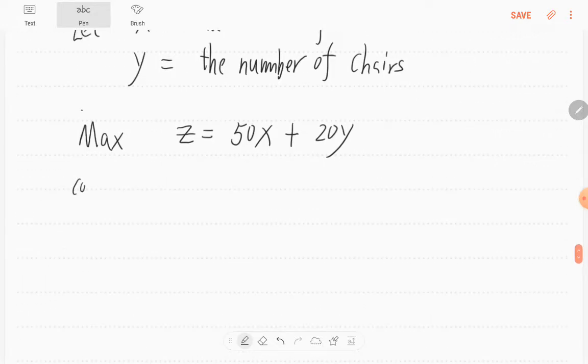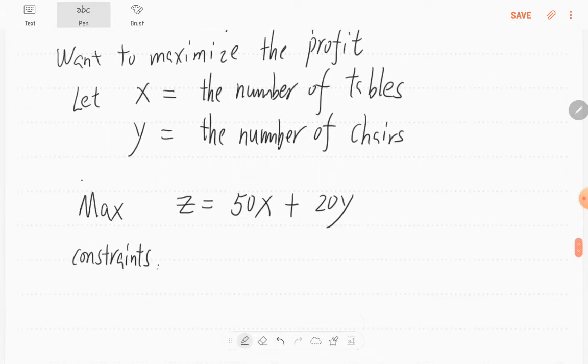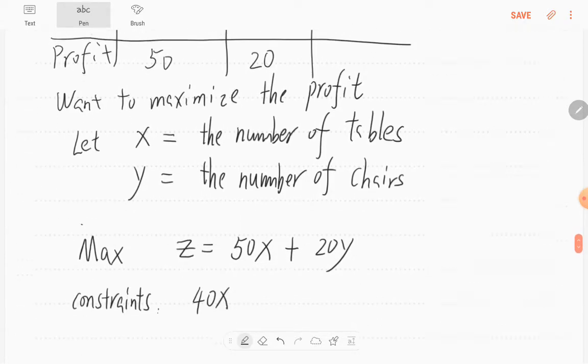What are the constraints? The constraints are these two. The labor hours cannot exceed 1,200. For the tables, the labor hours is 40 times x, because each table costs 40 hours.